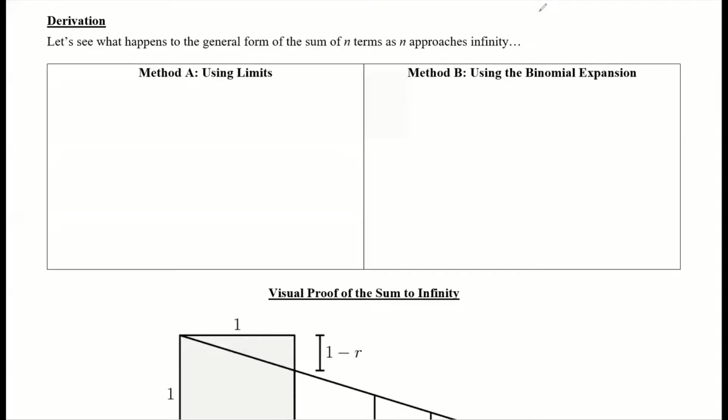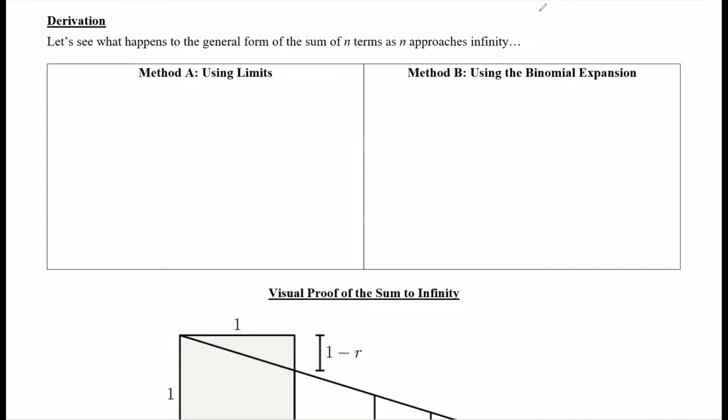So now let's have a look at the derivation of the sum to infinity. Okay. Now, the first way we can use limits. All right. Now, we saw previously that when you have a convergent series, the sum will converge on a particular value.